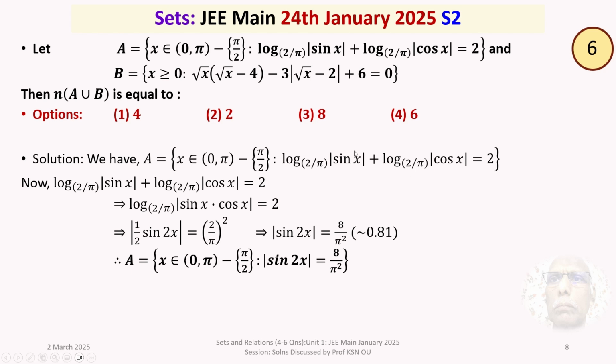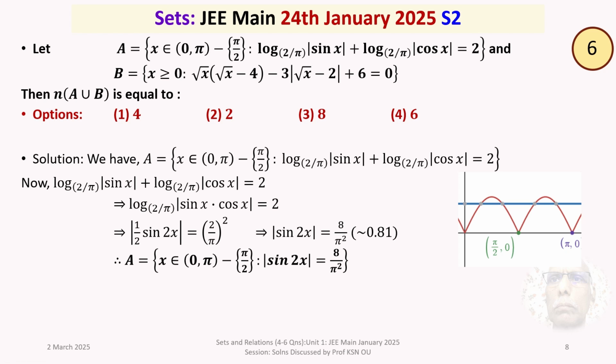Right. And the easiest way is to draw the mod sin 2x graph. This red one is the mod sin 2x graph between 0 and pi. Pi by 2 is not included.